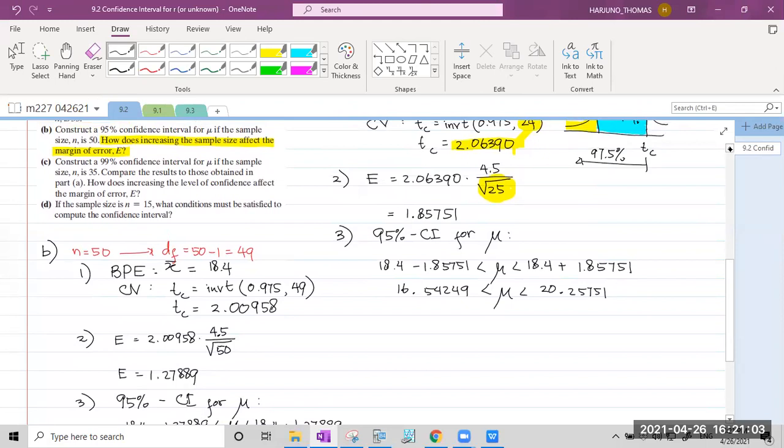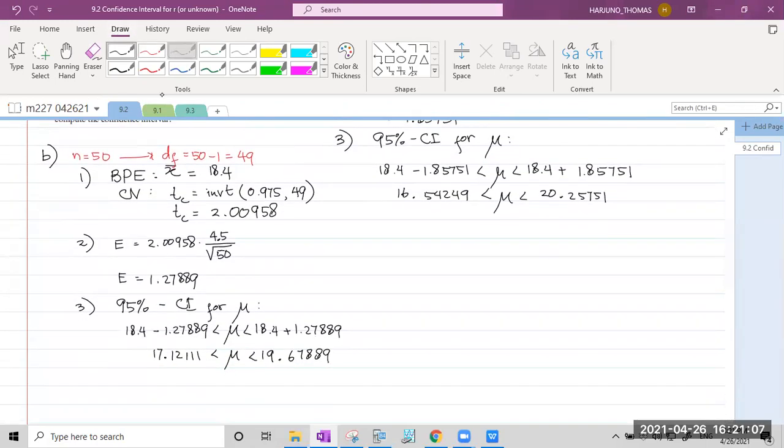Okay, so how does the sample size affect the margin of error? That's the follow-up question, right? If sample size increases, then the margin of error will decrease. And of course, consequently, the width of the confidence interval will get smaller also.